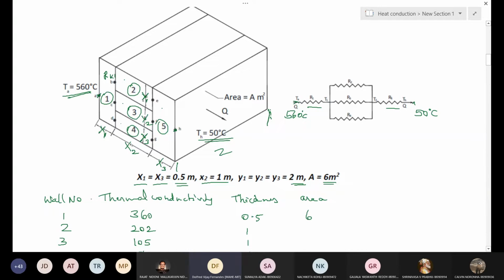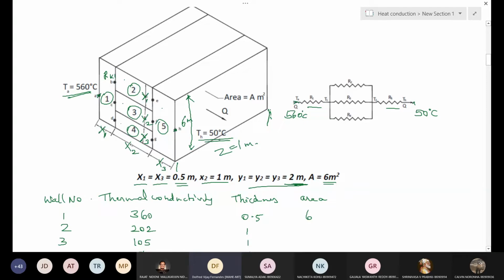If walls 2, 3, 4 have the same Y length of 2 meters, then we can also calculate the Z value, because area 1 and area 5 have the Y length of total y1 plus y2 plus y3, that is 6 meters. So Z should be 1 meter.